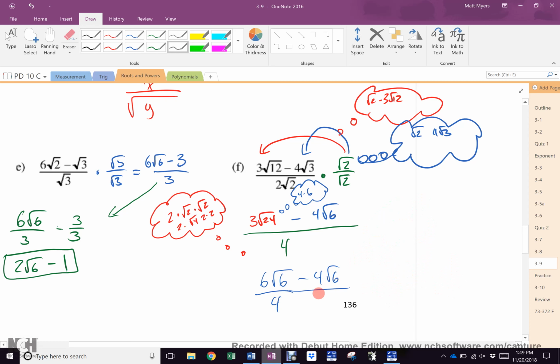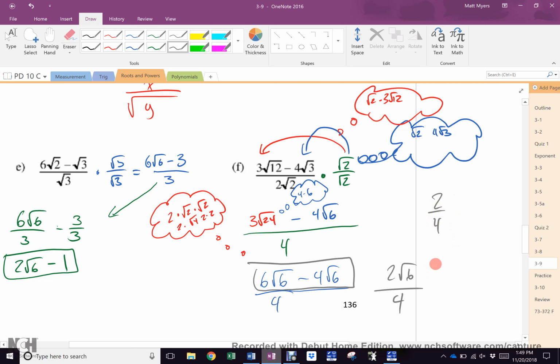All right. Well, again, you see that we know how to add those. Oh, so you're okay with understanding that this is 2 root 6 over 4? Okay, well, what's that? 1 over 2. You with me?